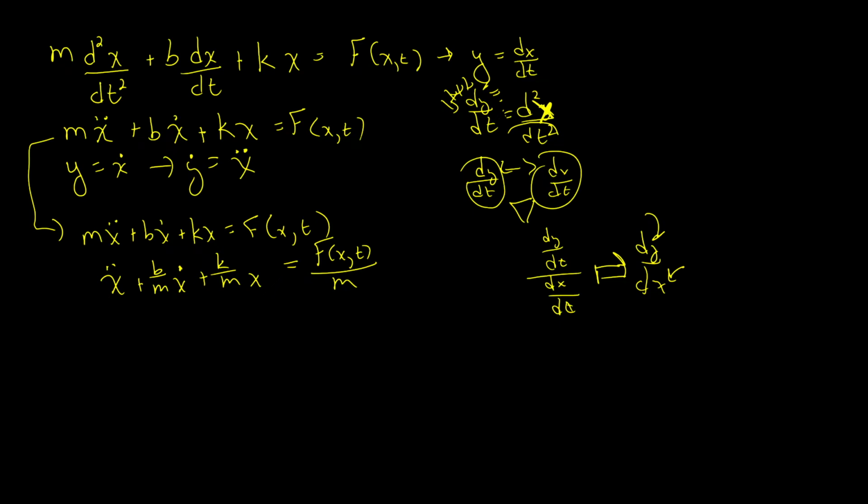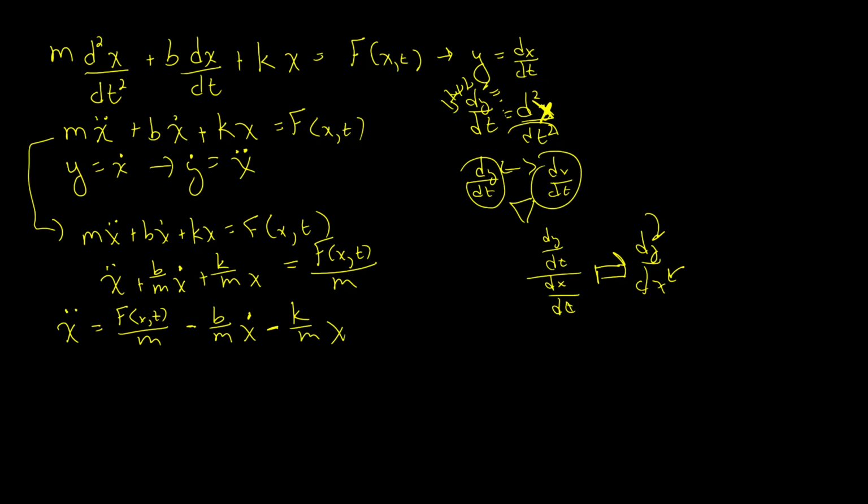And now I will solve, so x double dot is equal to my driving function divided by m, minus b over m x dot, minus k over m x.